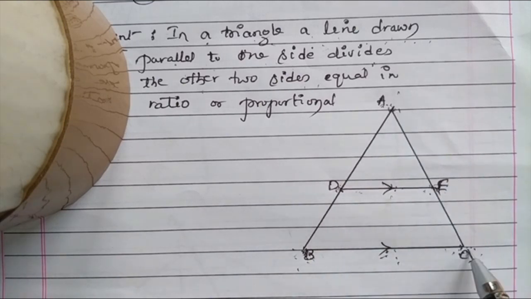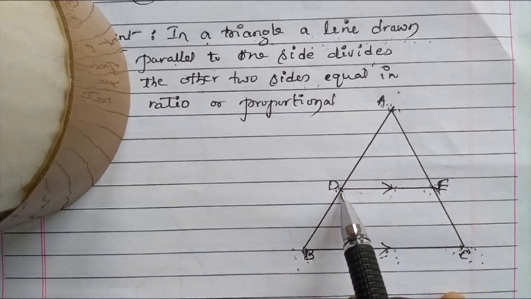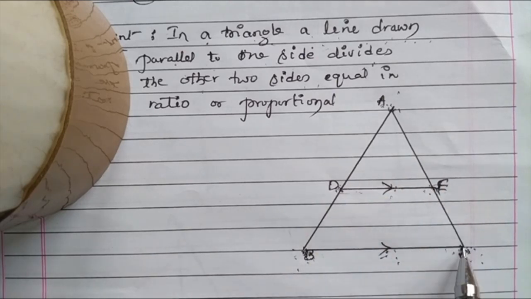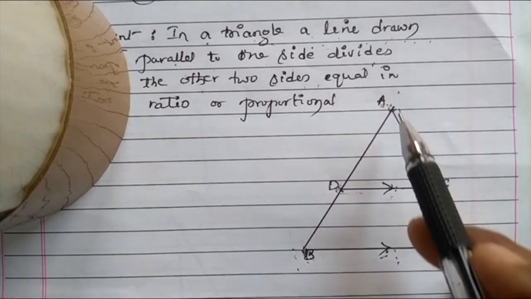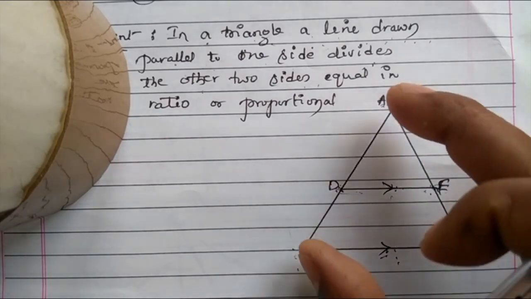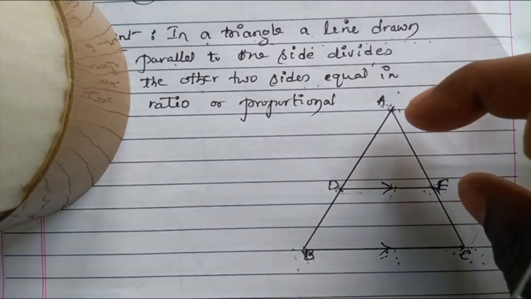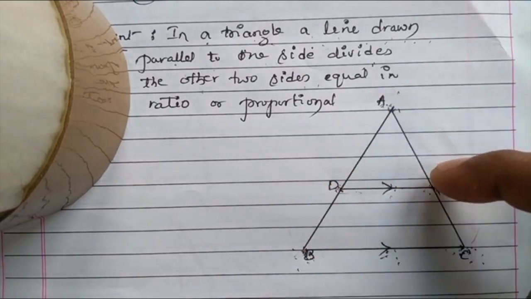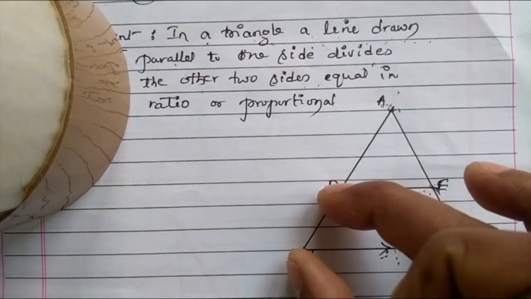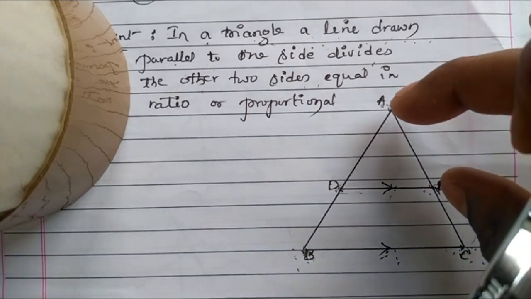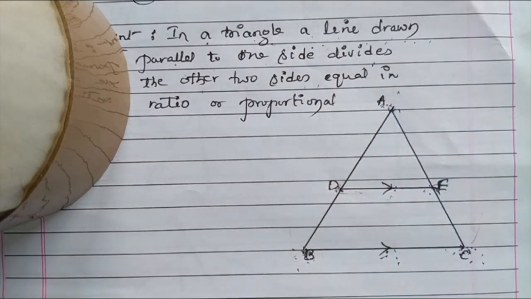That is the meaning of the Thales theorem statement. A line drawn parallel to one side divides the other two sides in equal ratio. That means AB is divided into AD and DB, AC is divided into AE and EC, and the AD to DB ratio will be equal to the AE to EC ratio.